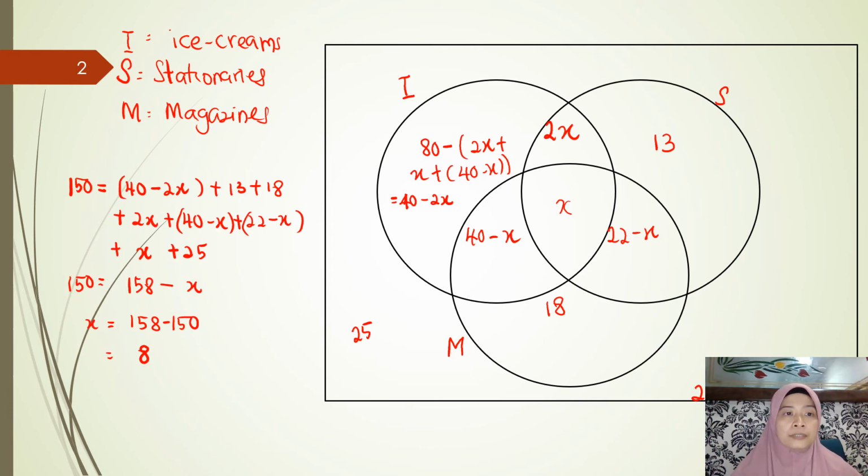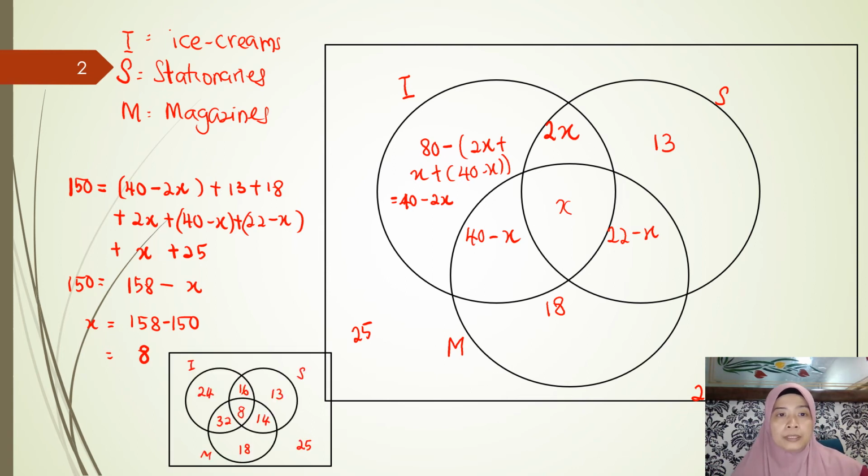So 150 equals 40 plus 2x, which is the first element, plus 13 plus 18 plus 2x plus 40 minus x plus 22 minus x plus x and plus 25. So all is 150. We do all the calculation, and at the end, we will find out that x is equal to 8.